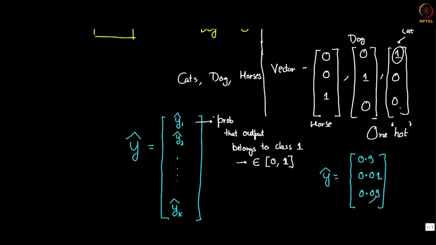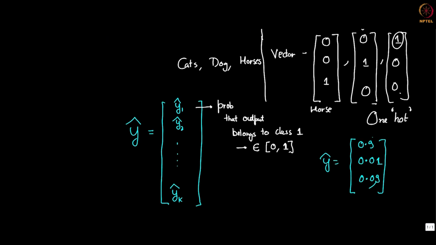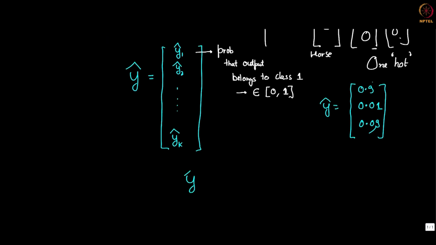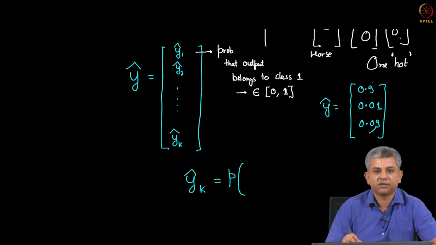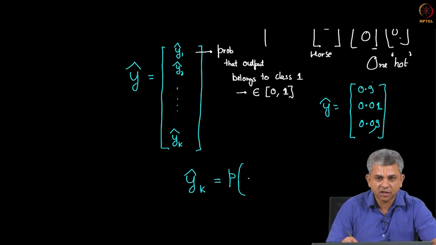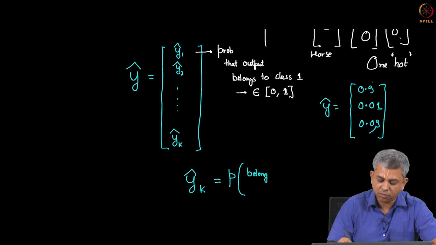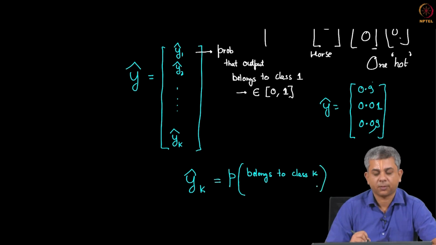Okay. So, each element here, the element y hat k represents the probability. Okay. I will first write it in words and then I will write it in more mathematical terms, belongs to class k. Okay.